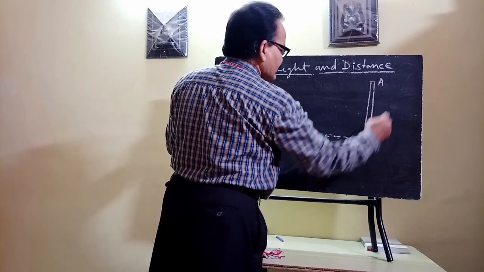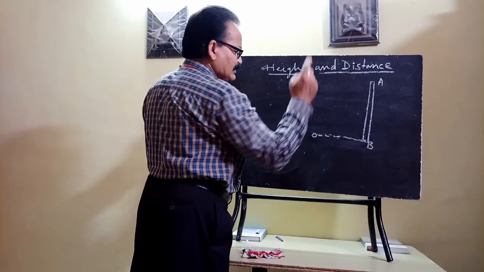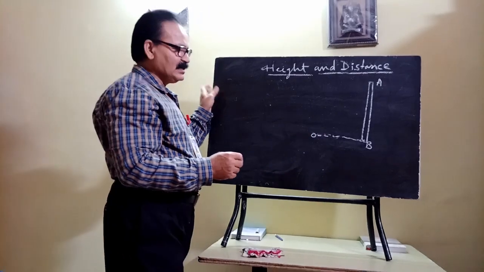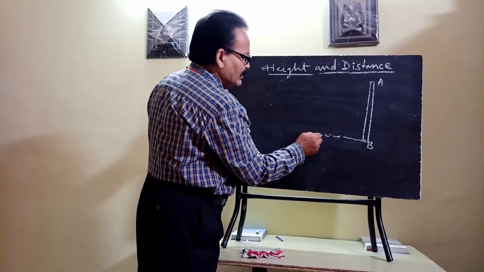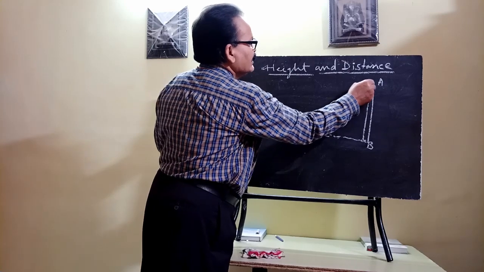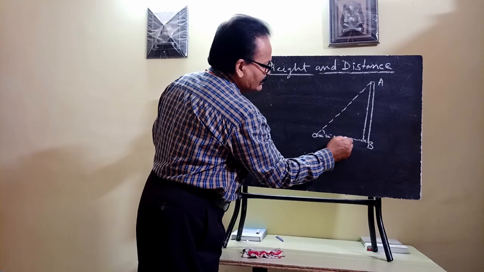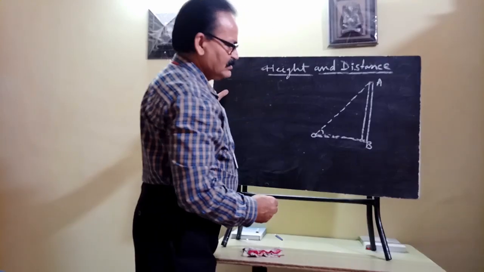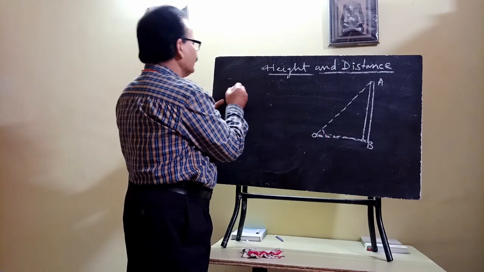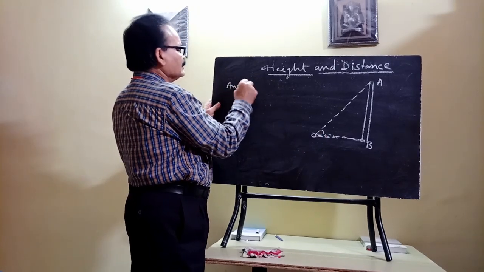This is the building AB, and the top of the building is A. The angle formed between the line of sight and the horizontal, this level being the horizontal, is your angle of elevation.